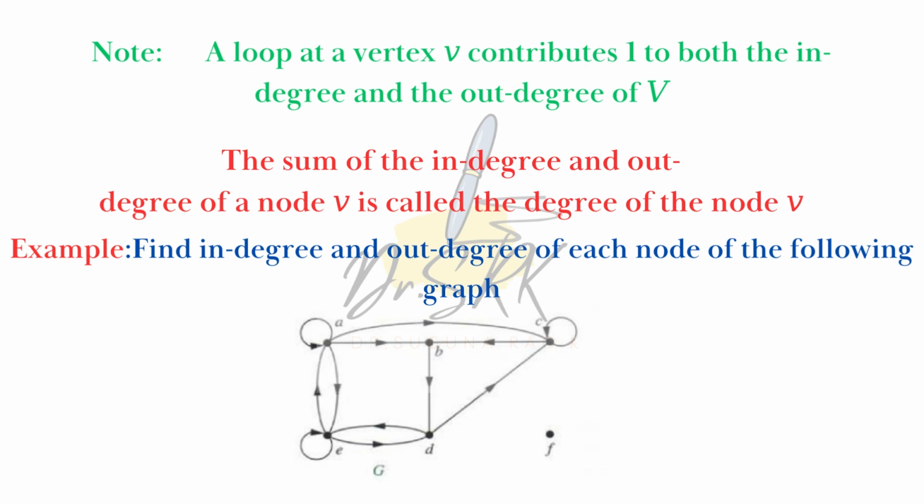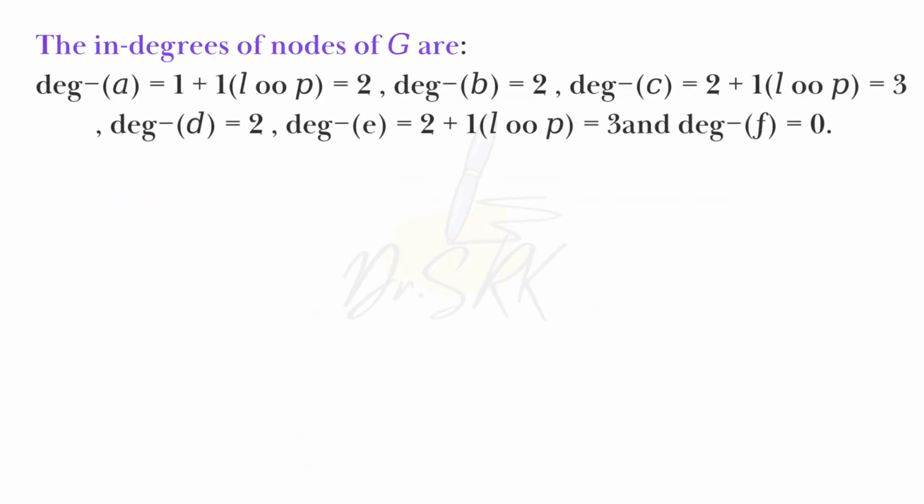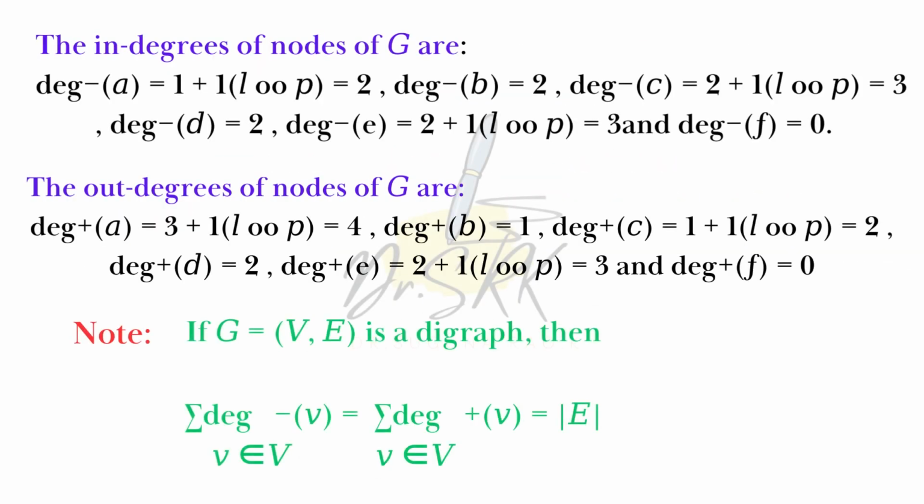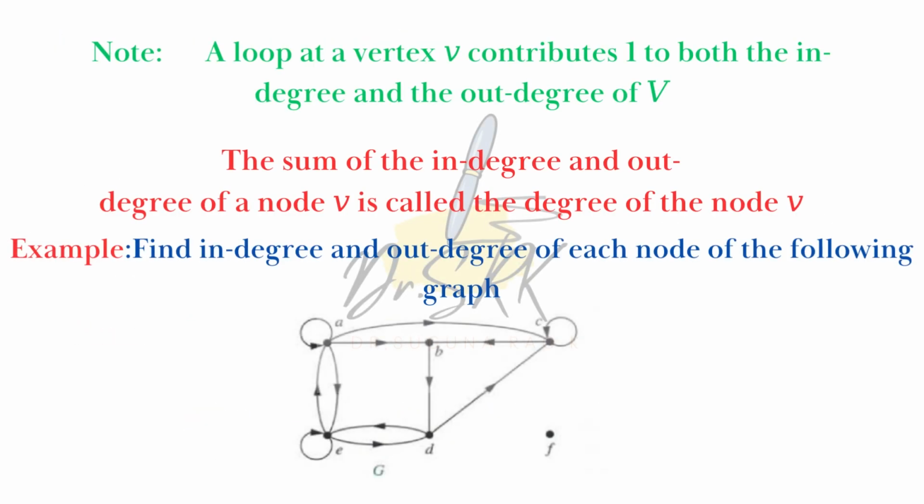We have a graph here. From the given graph, we need to find the in degree and out degree of each vertex. Look at the in degrees of the vertices of G. Degree minus of A equals 1 plus 1. Look at the graph once here.